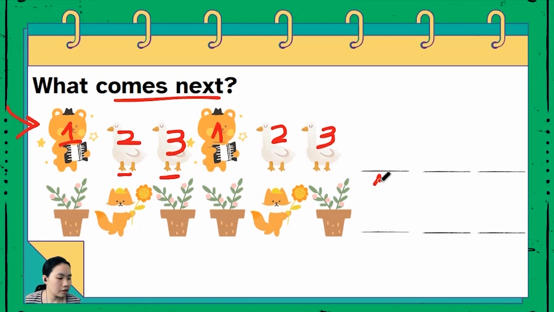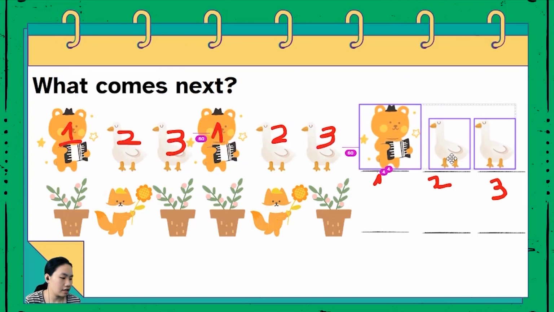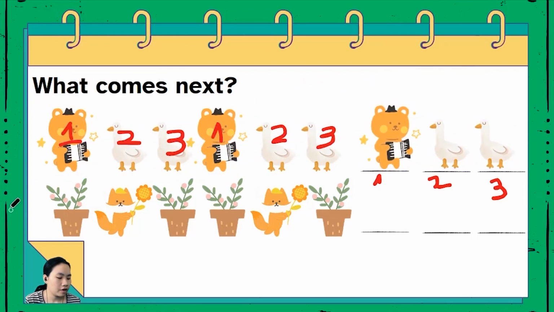So next up should be 1, 2, and 3, okay? So let me erase these parts real quick and I'm going to copy and paste the bear and the ducks, okay? There we go.